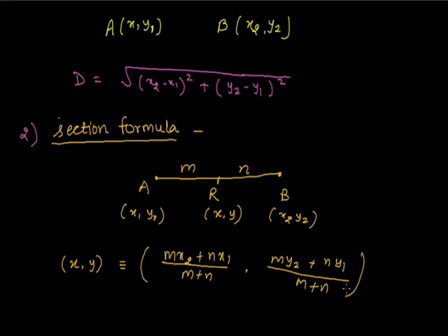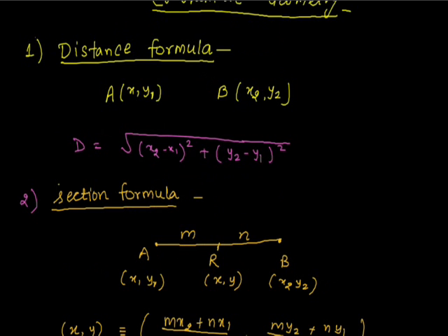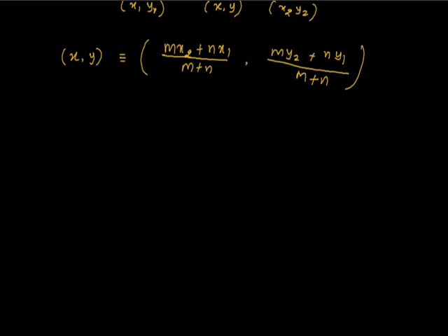This formula is used when the point is internally dividing the line segment AB. If the point is externally dividing the line segment AB, then the section formula is almost the same, but there will be a change of signs. Let's say a new scenario: A and B and another point R lying outside this line segment and dividing it in the ratio m to n.